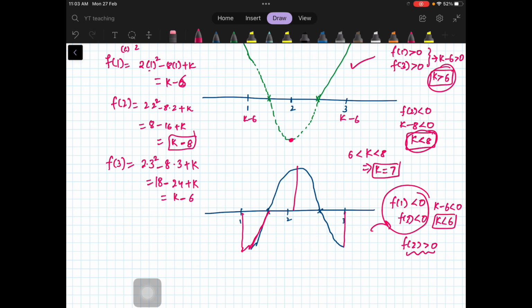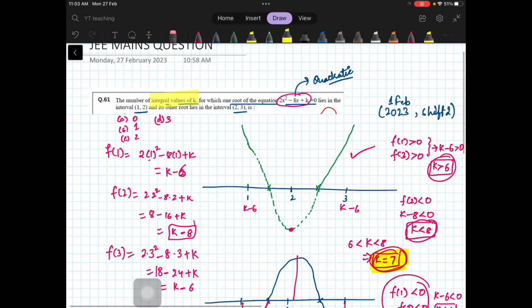For f of 2 positive, I want k minus 8 greater than 0, so k greater than 8. I am looking for k less than 6 and k greater than 8. That's not possible. So the only answer is k equal to 7. How many integral values of k? Only one. So the answer is choice B.